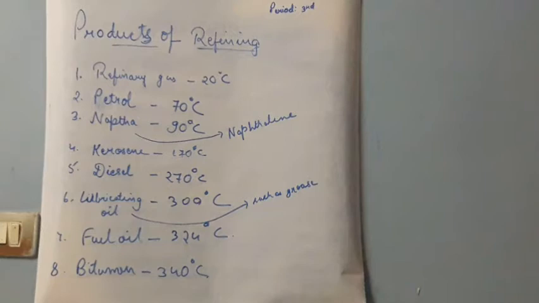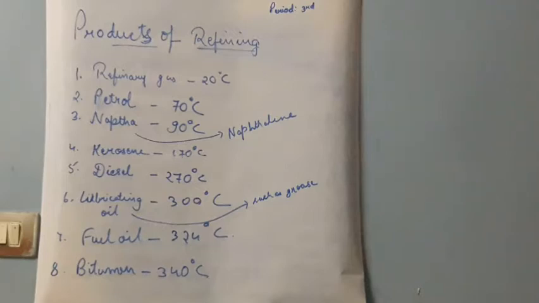Then naphtha is used to make many types of chemicals. Then kerosene is used as a cooking fuel, and also as a fuel for jets and aeroplanes.